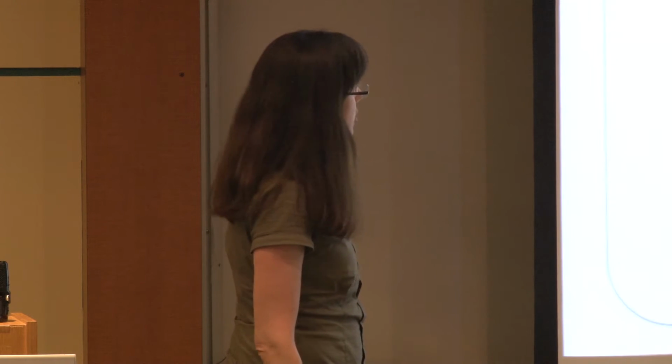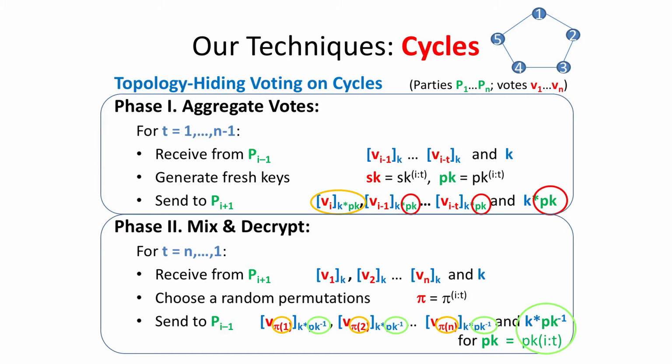So we're again going to continue in n rounds. Each time you receive a vector of encrypted votes. First you shuffle them, so they cannot be traced to the order in which they began. And then you remove one layer, the layer that you added in the previous phase.